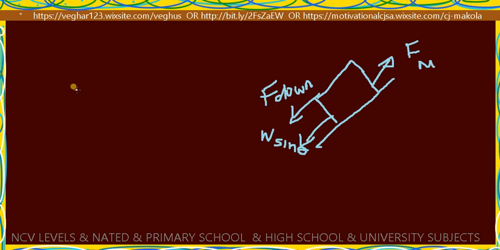So now F down is greater. You can add it or you can subtract it. So we can just cut it from here.